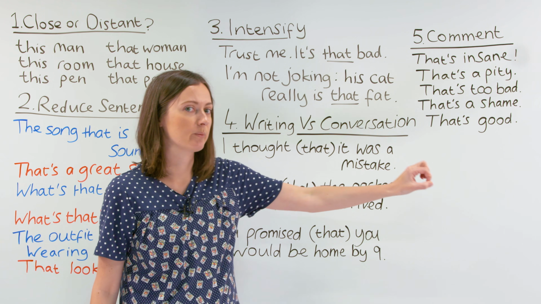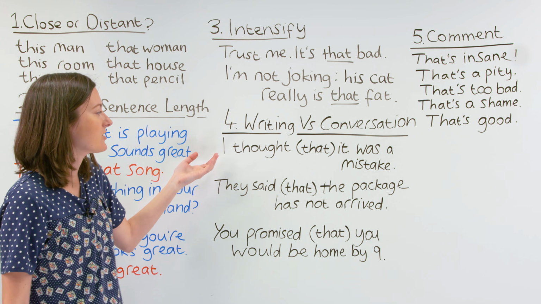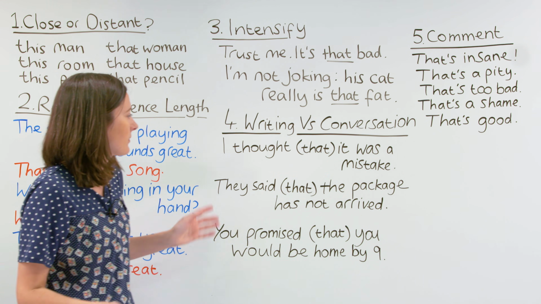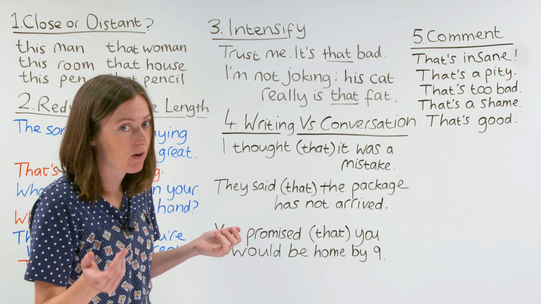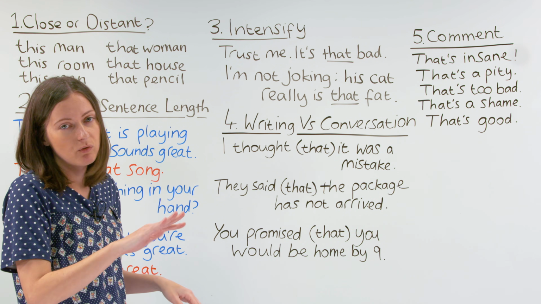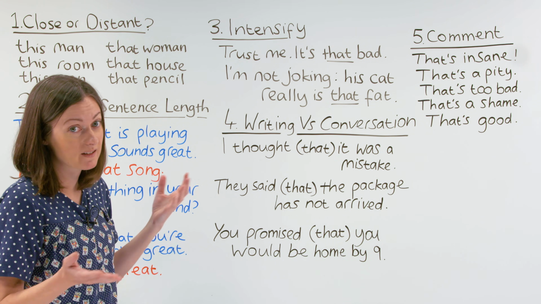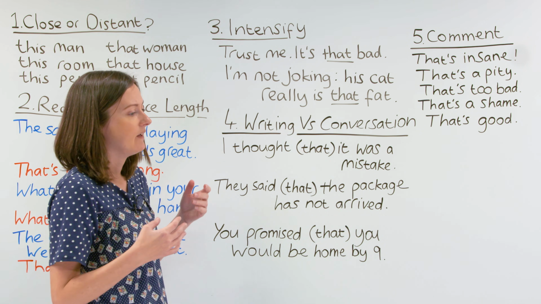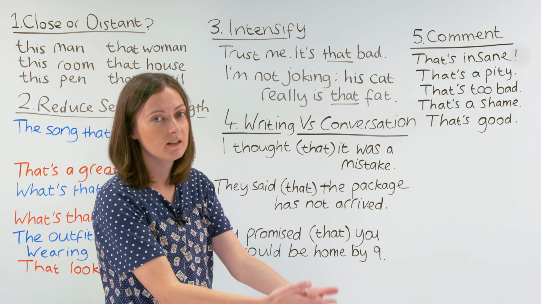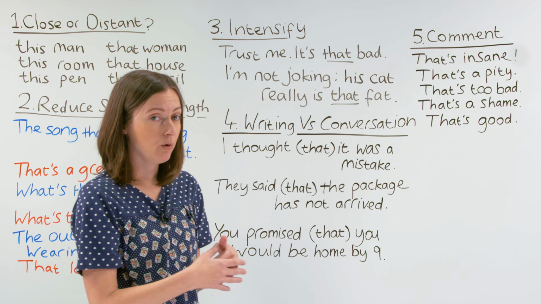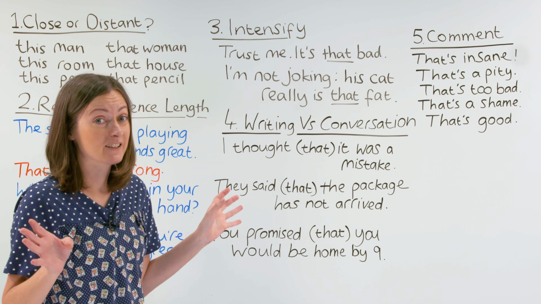I thought that it was a mistake. But perhaps I'd just say, I thought it was a mistake. I could also say, if I wanted, I thought that it was a mistake. It's not right, it's not wrong. It depends on the speaker.